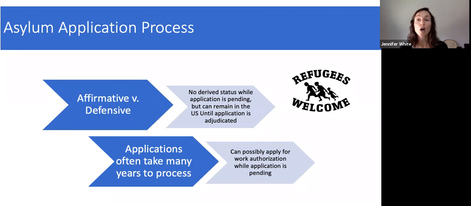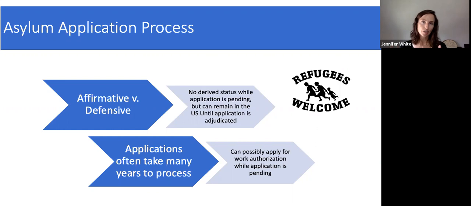Some folks can apply for work authorization while their asylum application is pending. This used to be a pretty straightforward area of the law. A person would submit an application for asylum and then 150 days later, they could apply for work authorization. But that rule has become far more complicated because the Trump administration changed that rule and added a whole bunch of criteria to it.